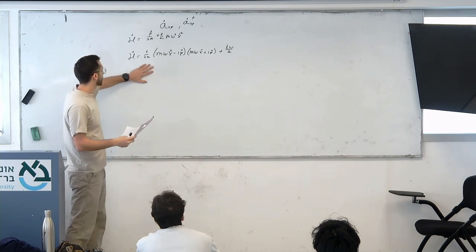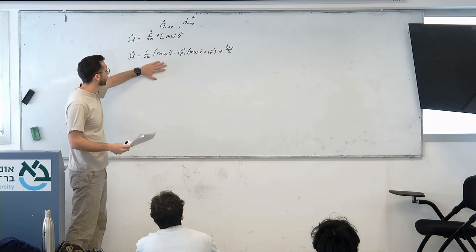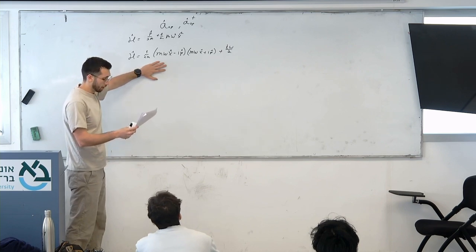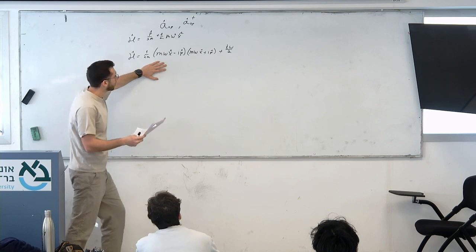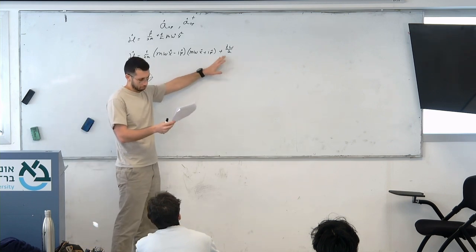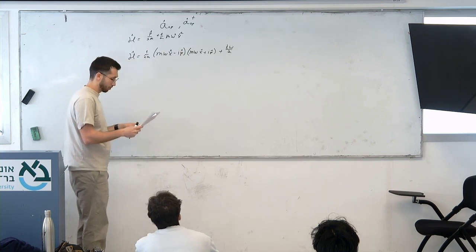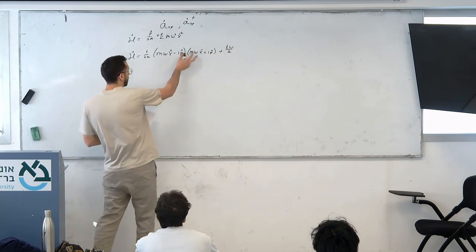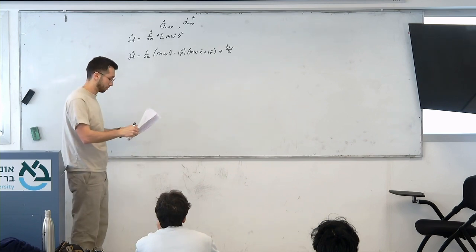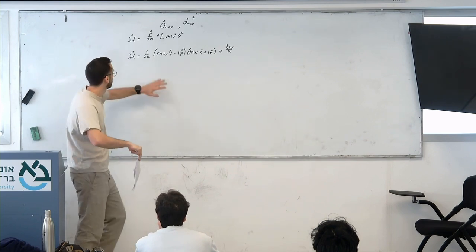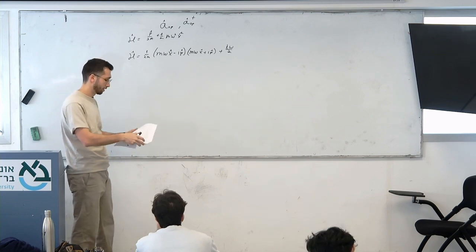Okay, so this is the way to write this Hamiltonian. We can write it like this, because we get a term h bar omega over 2. We don't care about it right now. We're going to get into it later. Let's just assume this is the way to open it.